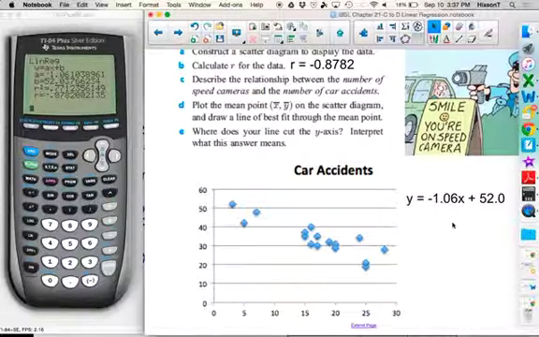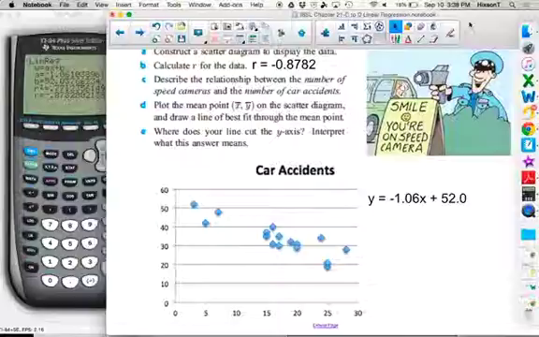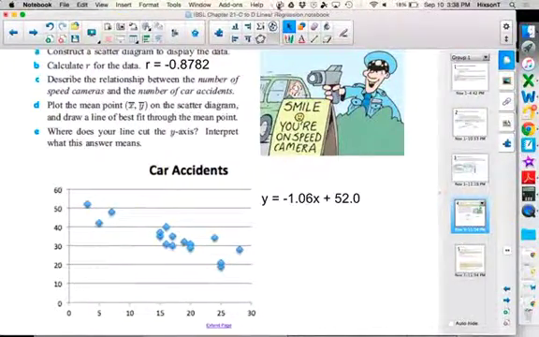Obviously not. But tomorrow we're going to talk about interpolation and extrapolation. And we'll see kind of the limits of extrapolation. But that's how we can model it.